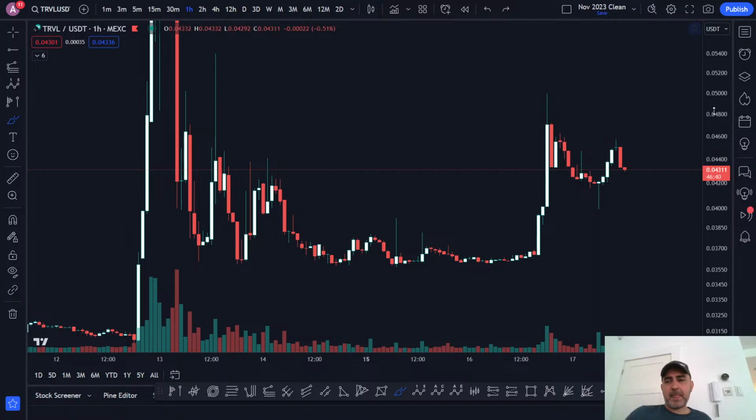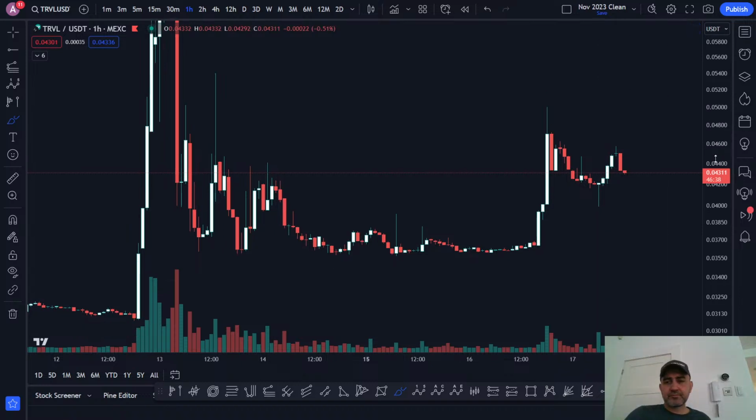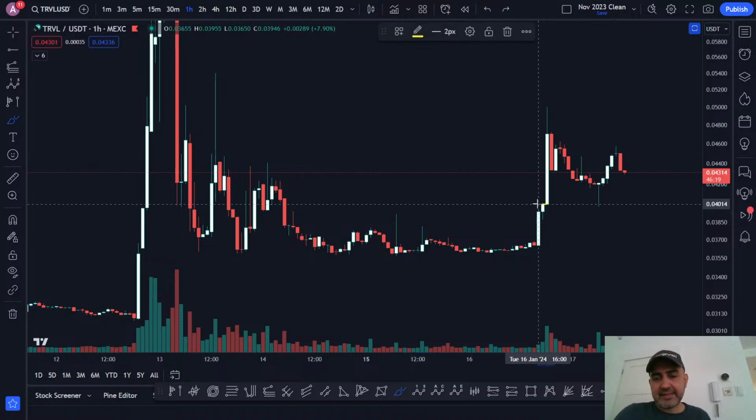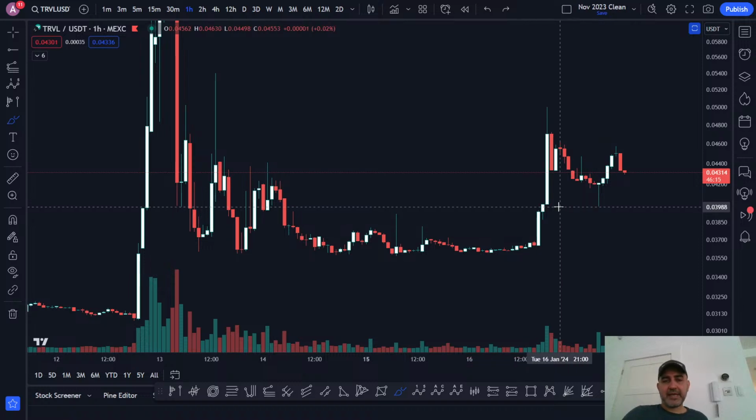Depending on how many limit orders there are and how many sellers there are and where they're looking to sell to will depend where the price comes to. But here it looks like potentially the top of this candle is offering support, or maybe this candle here is offering support at the moment, maybe.